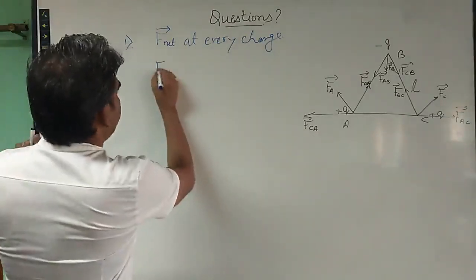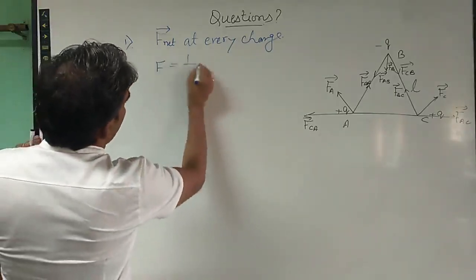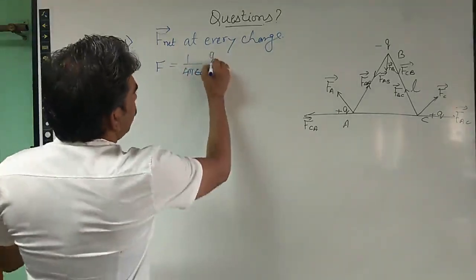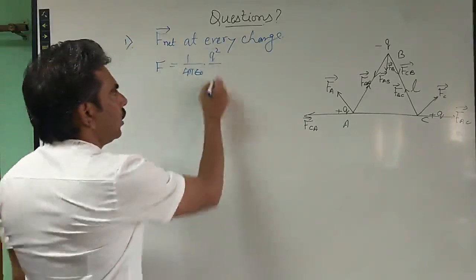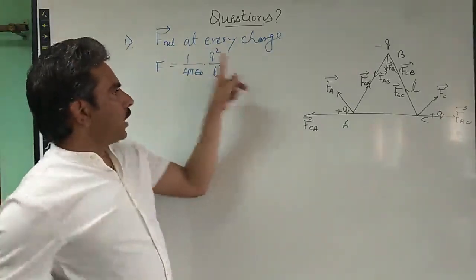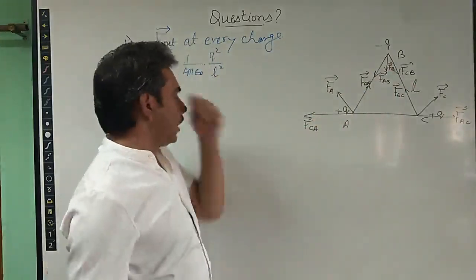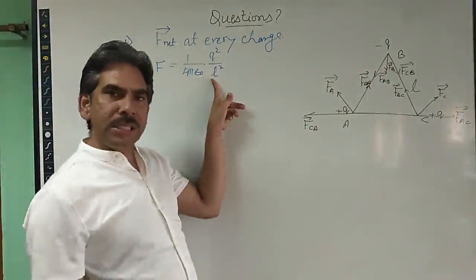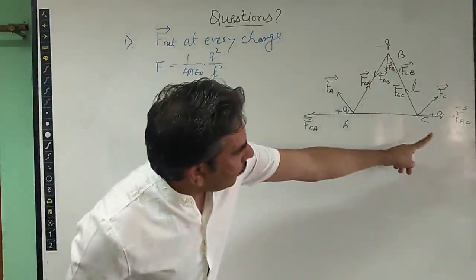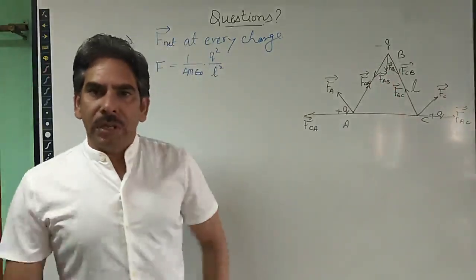So the common notation we can give all the forces is F, which is given by 1 upon 4 pi epsilon naught into Q square divided by L square, the force between any two charges. I am just writing its magnitude and not the direction. The separation between any two charges is L. So all these forces FCA, FBA, FAC, FBC, FAB and FCB will all be equal in magnitude.